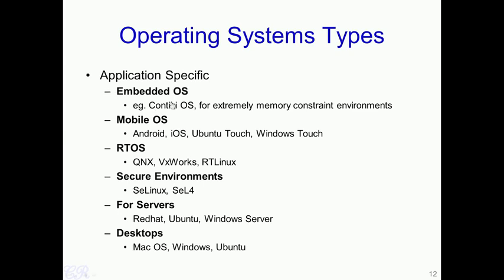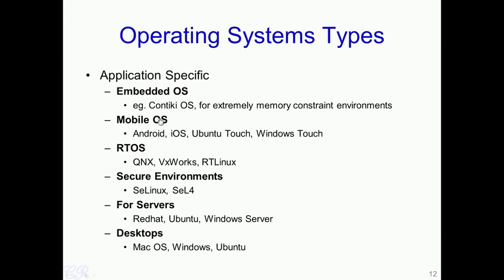For example, embedded operating systems such as Contiki OS are designed for memory constrained environments such as wireless sensor nodes that are used in the Internet of Things. Operating systems like Contiki OS are designed with power consumption kept in mind. These operating systems manage their resources and also abstract hardware in such a way that the power consumed by the entire system is kept minimum.